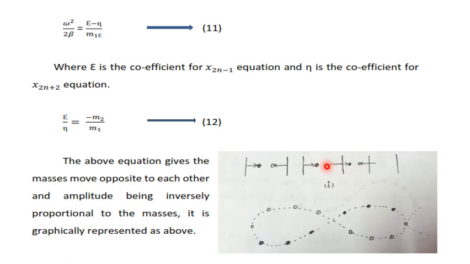When you see the amplitude circle, this mass amplitude will go like this and that mass amplitude will go like this, so a loop arises.